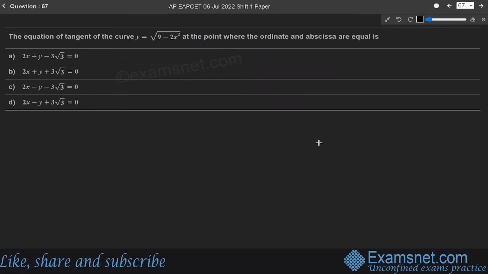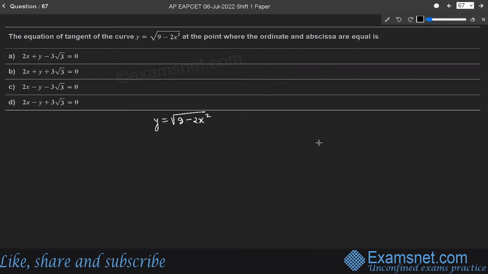Next question is, the equation of tangent of the curve y = √(9 - 2x²) at the point where the ordinate and abscissa are equal is. So according to the question, y = √(9 - 2x²).